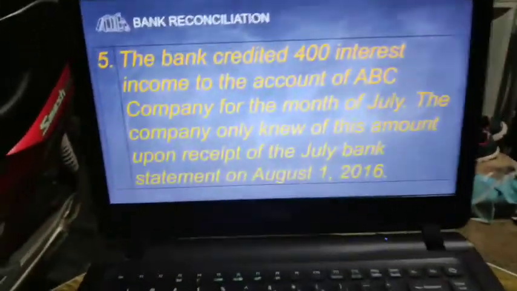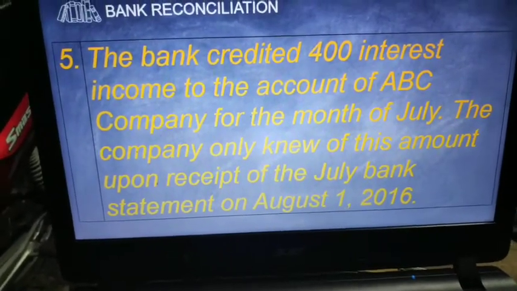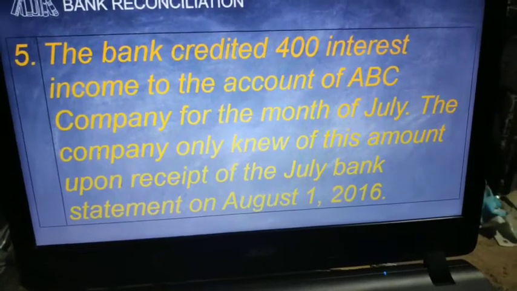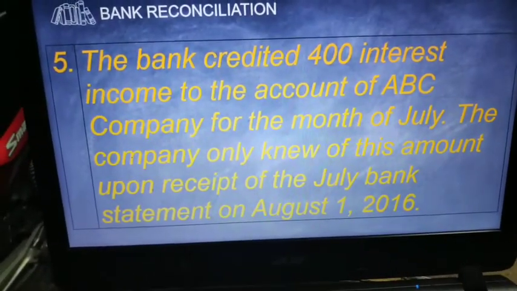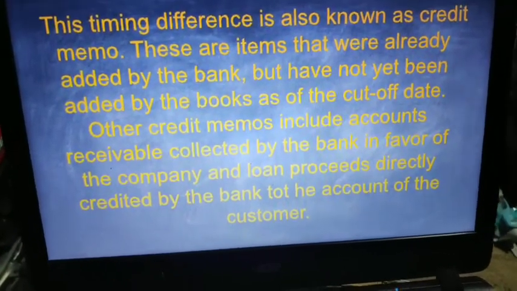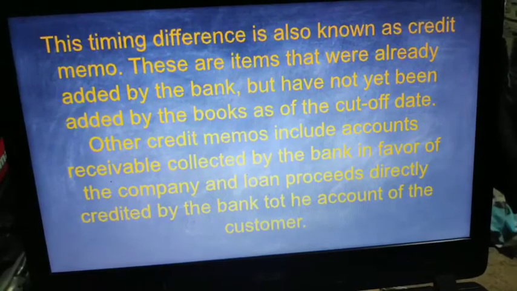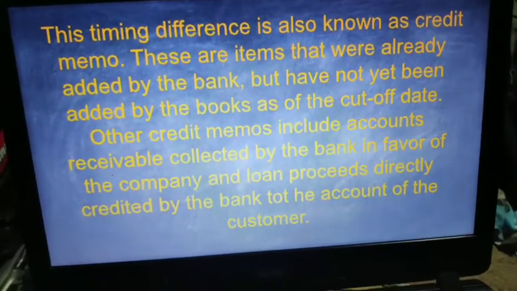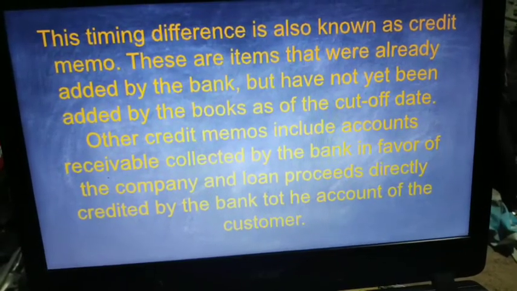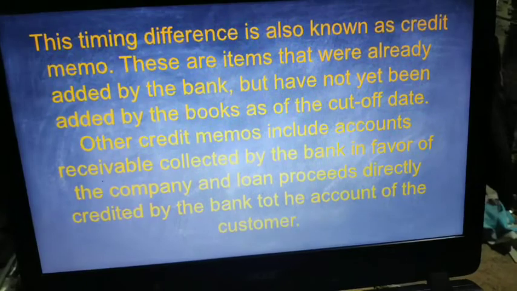So, what is the name of that amount? Kanina, may nalaman na tayong deposit in transit. May nalaman na rin tayong outstanding check. So, now, what will be that type of amount? This timing difference is also known as credit memo. These are items that were already added by the bank but have not yet been added by the book as of the cut-off date.